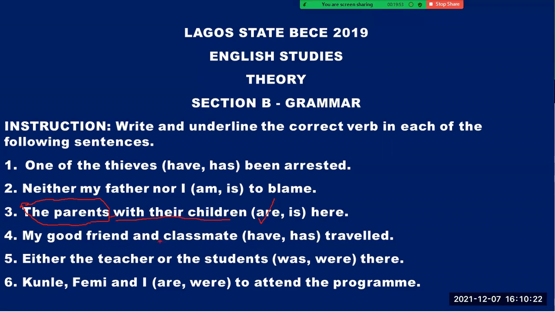Now, how do we know? Because there is no modifier before classmate. If we say my good friend and my classmate, it's possible that my good friend may be a different person, my classmate a different person. But here, we are talking of my good friend who is also my classmate. And so it's one person. And that is why the verb here is has. My good friend and classmate has traveled.